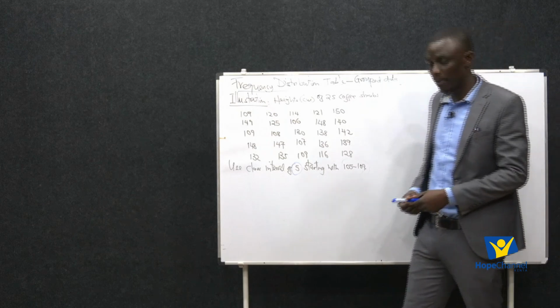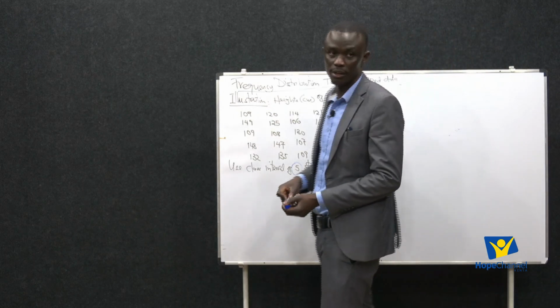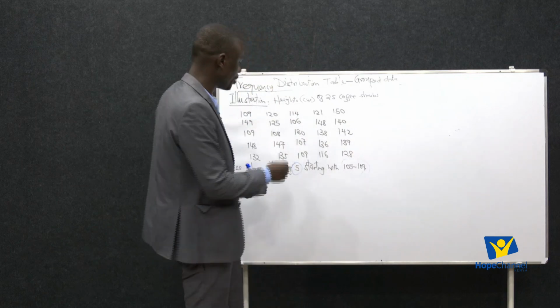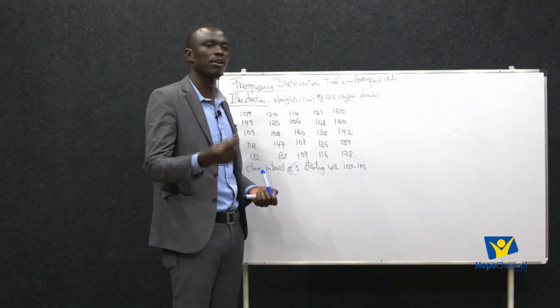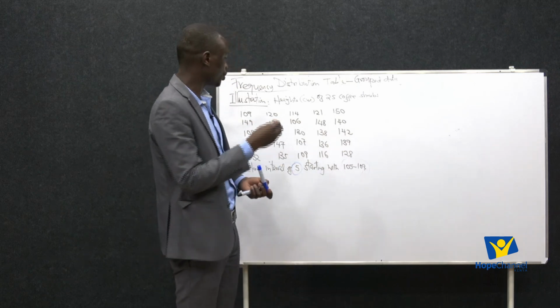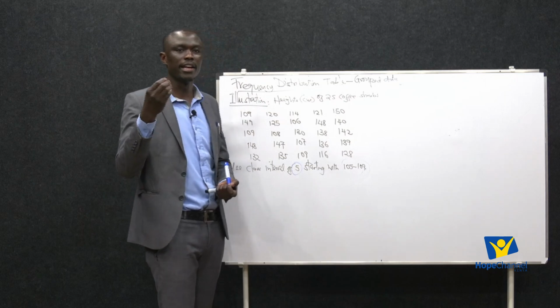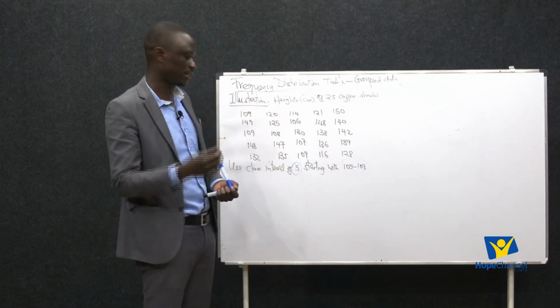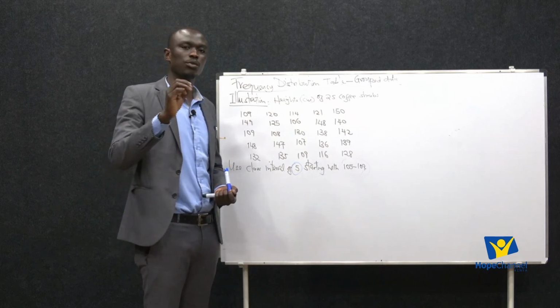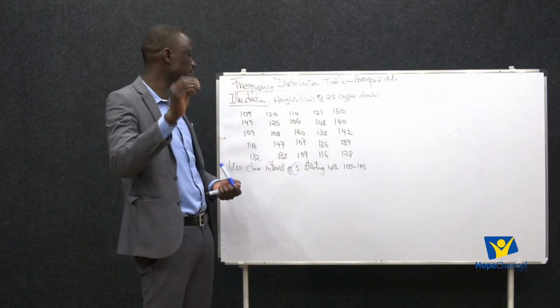As I mentioned in our previous section, if you are not given which class to begin with, you can always reason like this: check your data and identify the highest observation as well as the lowest observation.